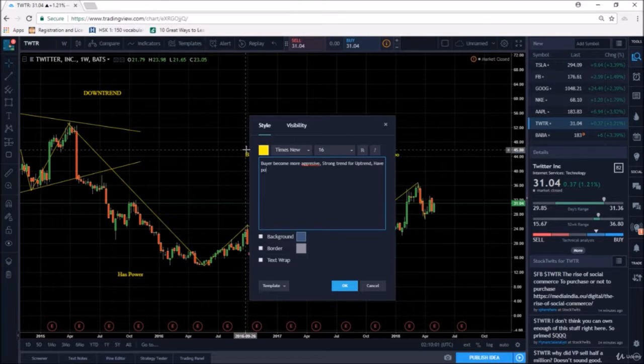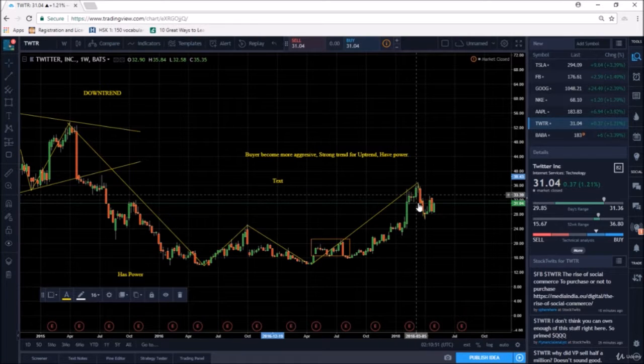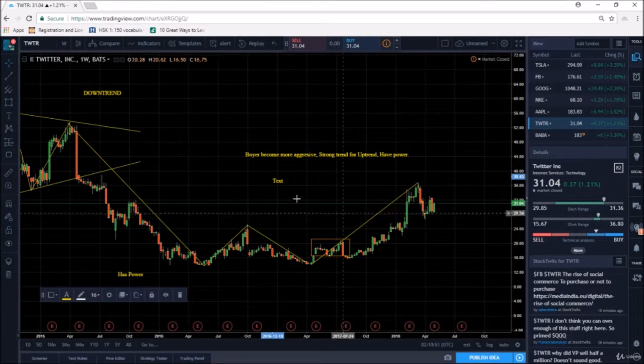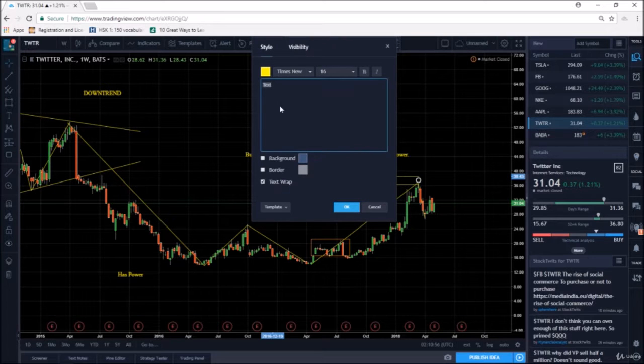Have power. All right, after this it is going downward in a retracement. So what you can do is wait for the retracement again and enter during the retracement.